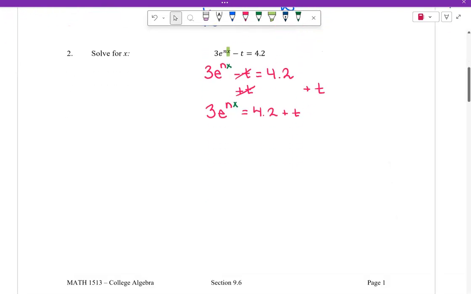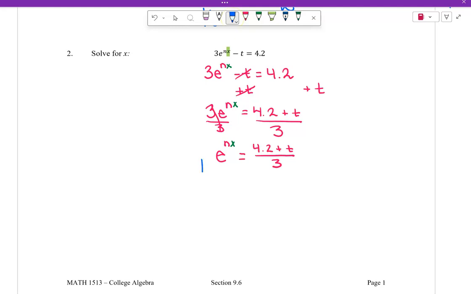So we've got to get the e exposed, so we need to divide. So we're going to have e to the nx equals 4.2 plus t divided by 3.